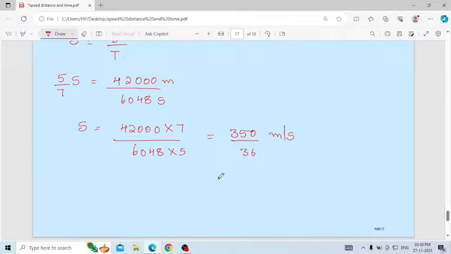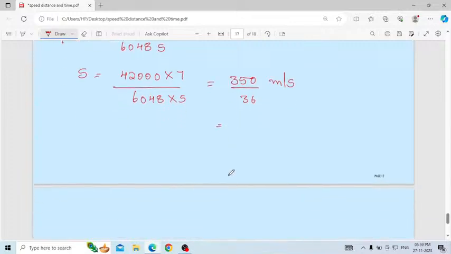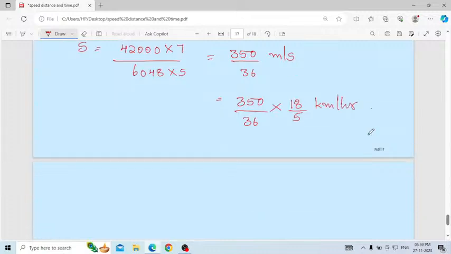But speed always we will represent in terms of kilometer per hour. Therefore 350 divided by 36. I will tell the shortcut how to convert. If it is there in the meter per second, the shortcut it will be multiply with 18 by 5. Then you can easily convert to kilometer per hour.